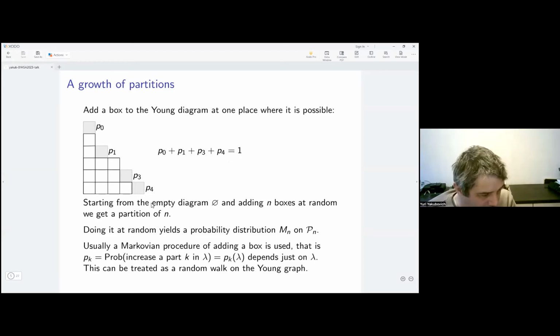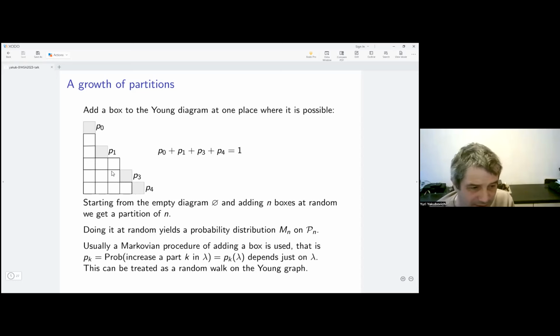And actually, we can do it looking at the path by which we came to this particular partition, but usually it is done in some Markov way. So it means that these probabilities depend just on the shape of this partition, or shape of its Young diagram, but do not depend on the way we came to this.